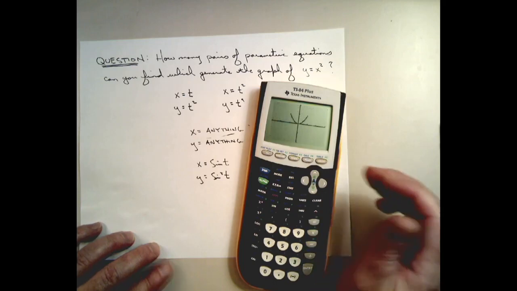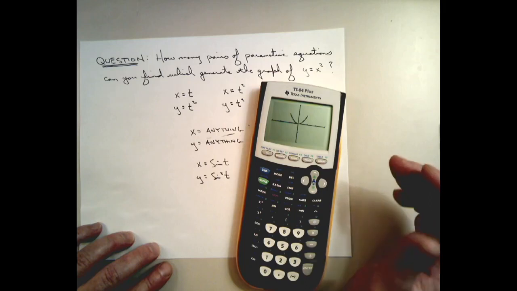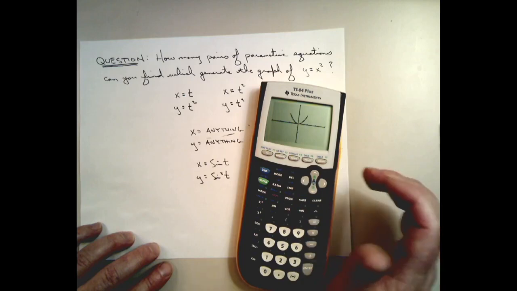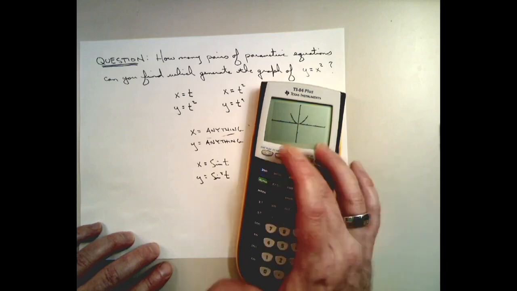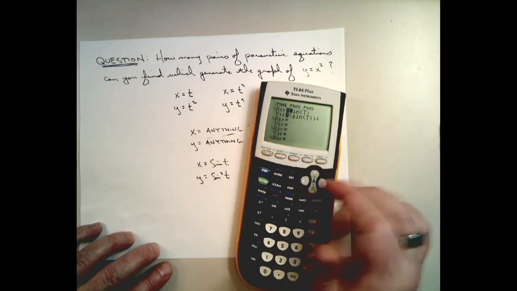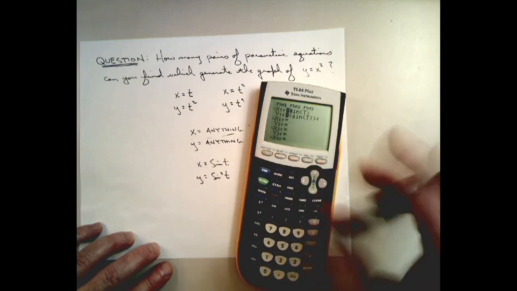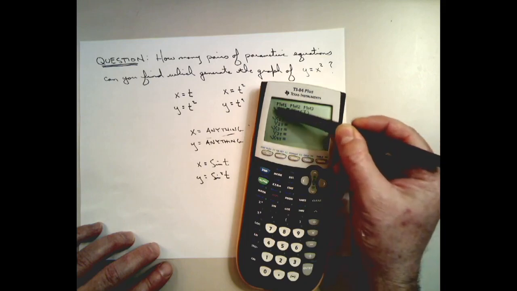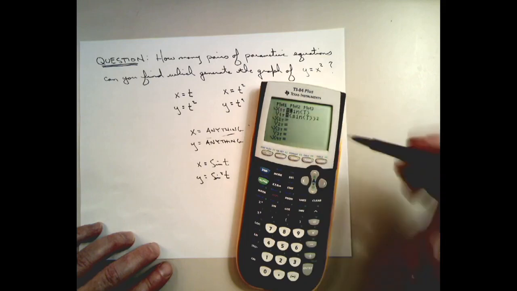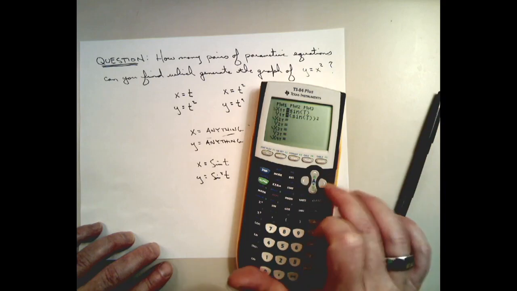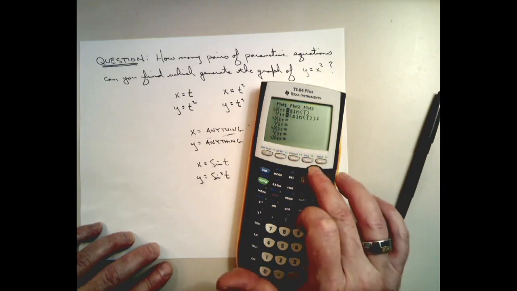And in fact, there's a setting on here. Let's see if I can find it. If I go back to the y equals screen, notice this little line over here. I have a solid line in that position. There are other things that I could have there. Let me cycle this back and forth.